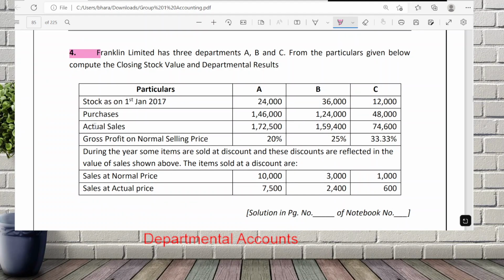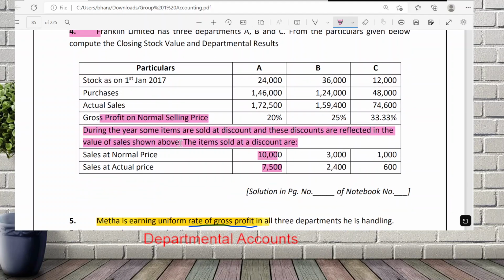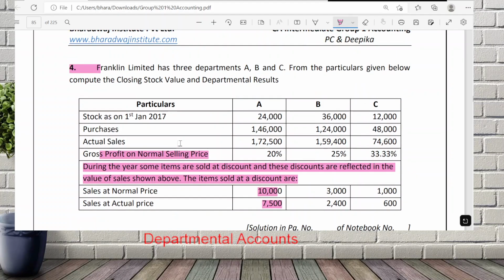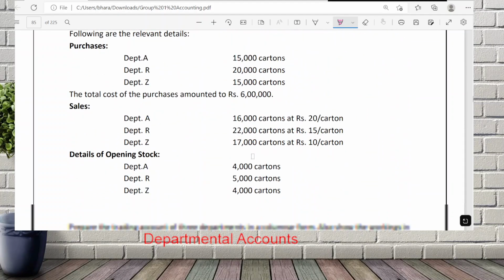They have given purchases, actual sales, gross profit margin on normal selling price. During the year, some discounts were offered. Discount sales at normal selling price is 10,000, and sales at actual price is 7,500. You try this and work it out at home, where you have to find out the closing stock value. Try to work this out.